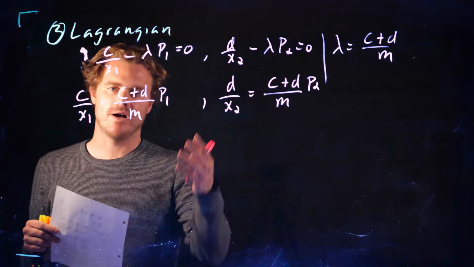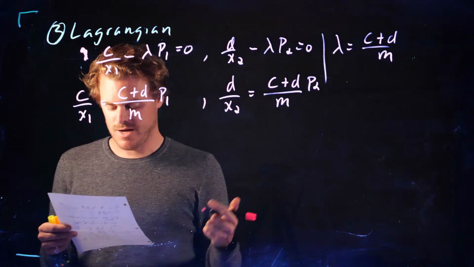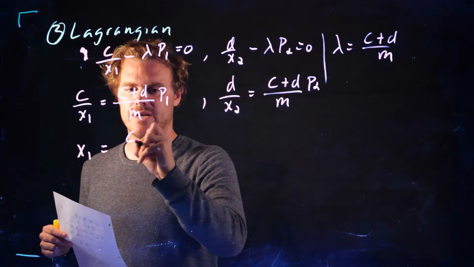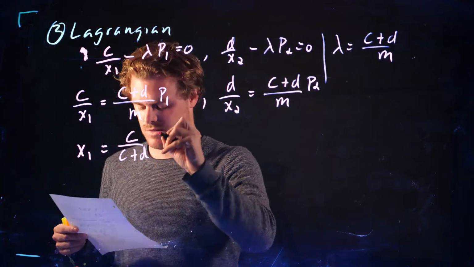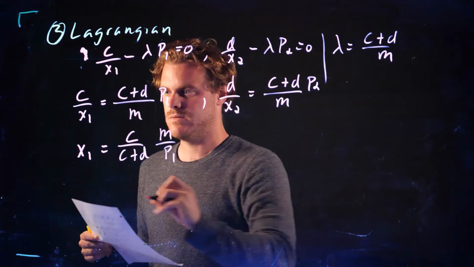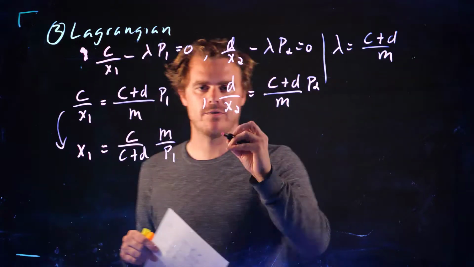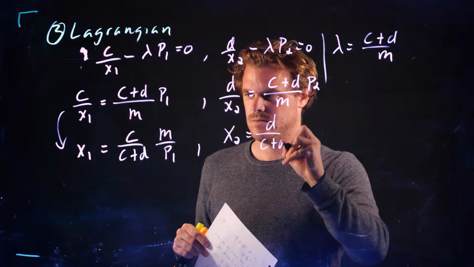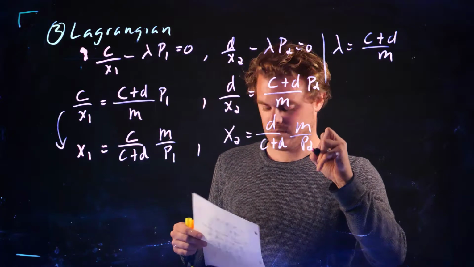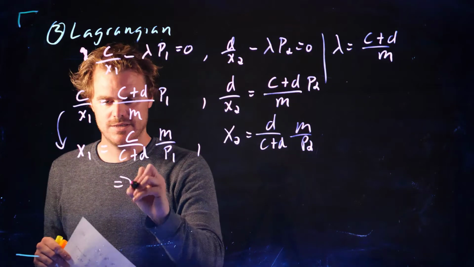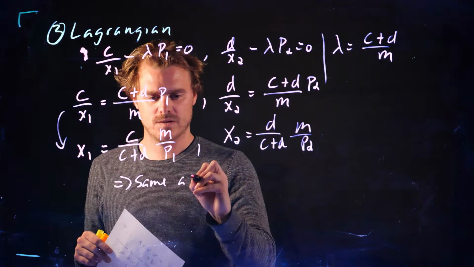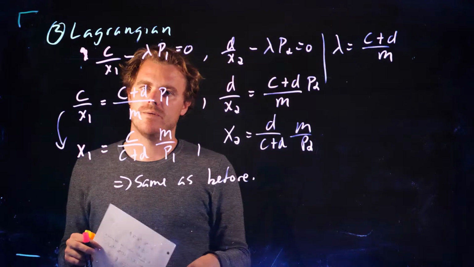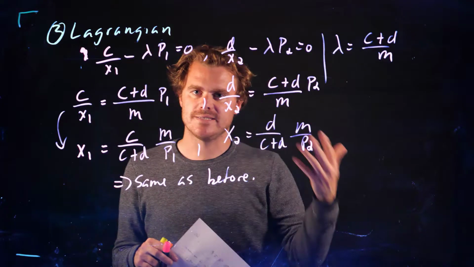So maybe we could cross multiply, or we can just basically rearrange it, and we're going to get exactly what we got before, if we rearrange each of these. So this is the same as before. All these methods come up with the exact same answers. They're just different methods for coming to the same answer.